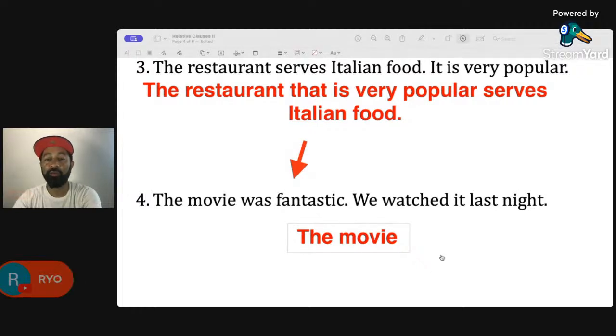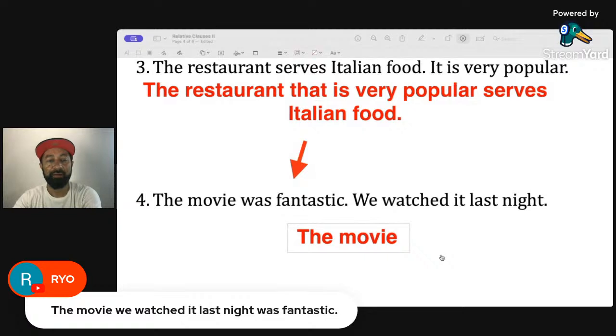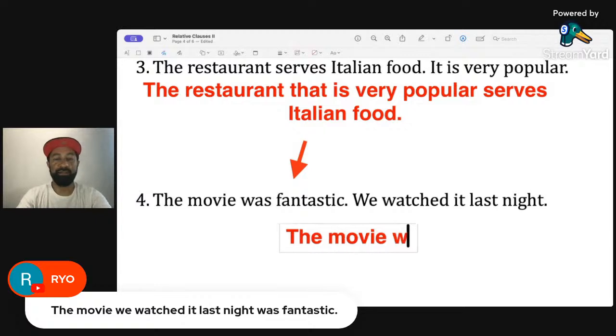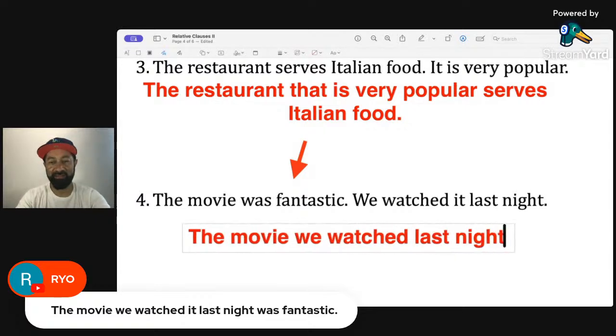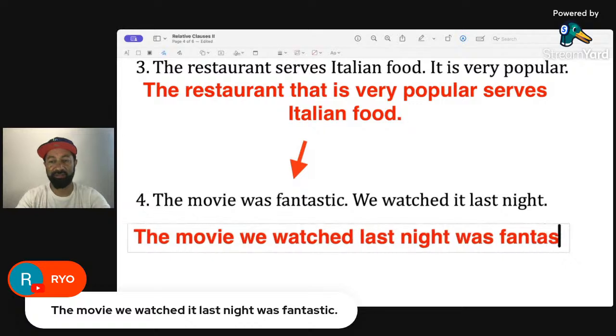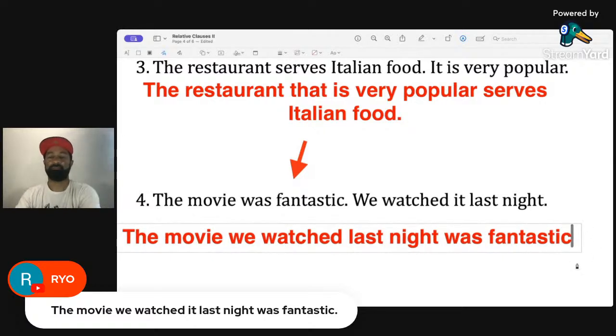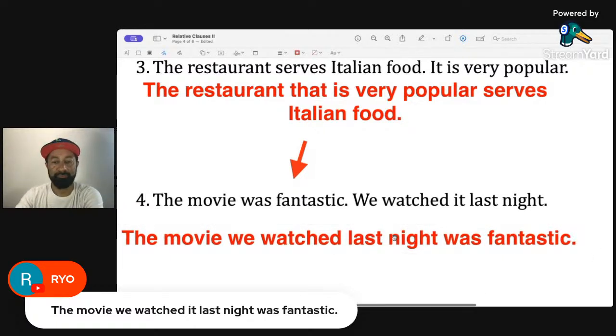Okay, so almost perfect. You don't need the it. The it is the movie. So we've already said the movie, so we don't need to repeat it. So the movie we watched last night was fantastic.